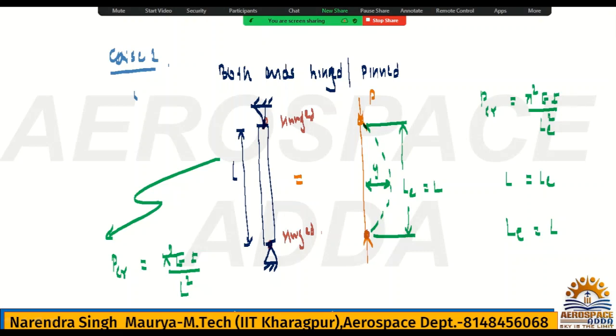Definitely, if you check for this particular case, this is the formula: PCR is equal to pi square EI by L square. But if both ends are hinged, then our standard formula, this is the standard formula.